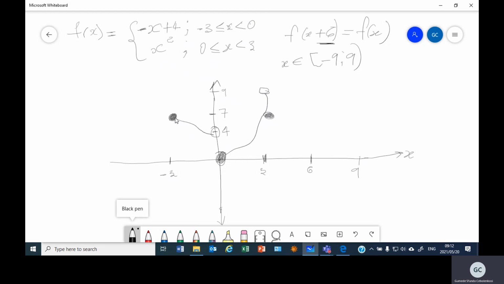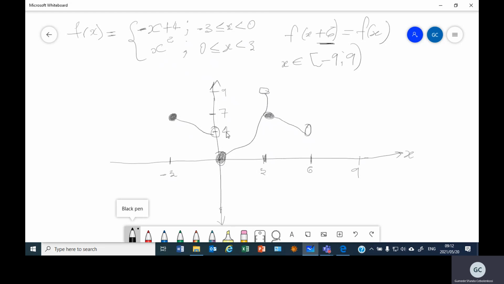This point should be moved 6 units to the right. Yeah, still at the same horizontal line. This point was at 0. It will move 6 units to the right. It should be here. So same straight line.